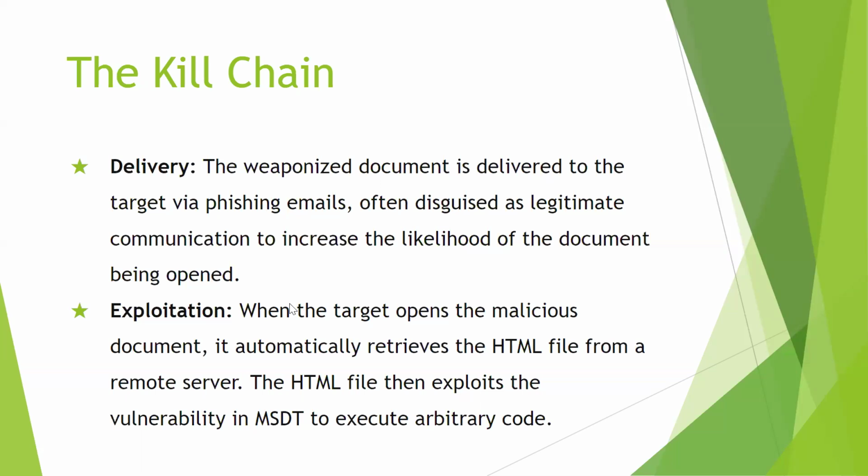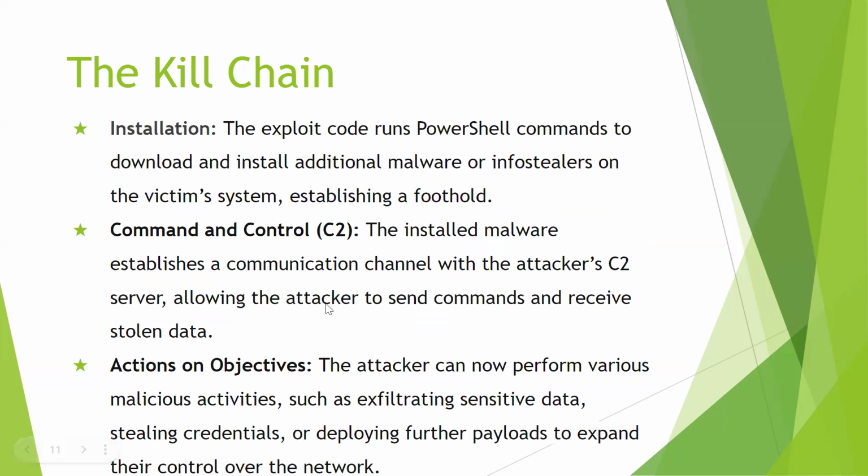The HTML file, which contains the exploit, exploits the vulnerability in the Microsoft Support Diagnostic Tool to execute arbitrary code. The exploit could run PowerShell commands to download and install additional malware or infostealers on the victim system. Then the attacker establishes a foothold.